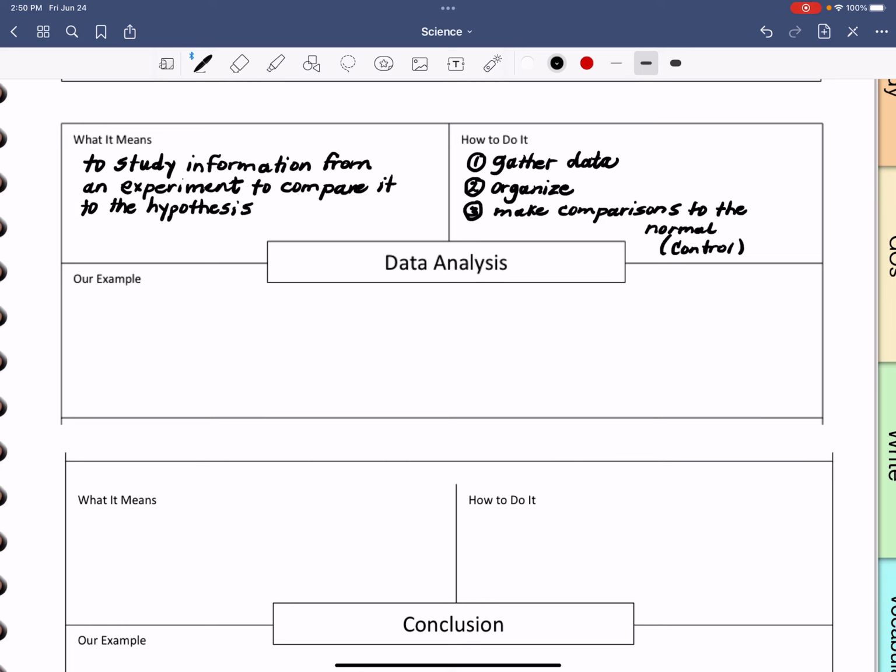So the story we're following, the doctor's going to gather all of Sam's tests. He's going to organize it. And then he's going to compare Sam's results to what a normal heart would look like. So in our example, the doctor will receive all the test results.